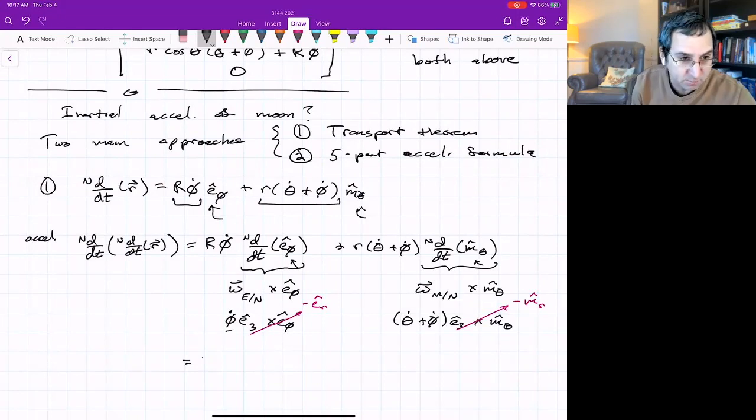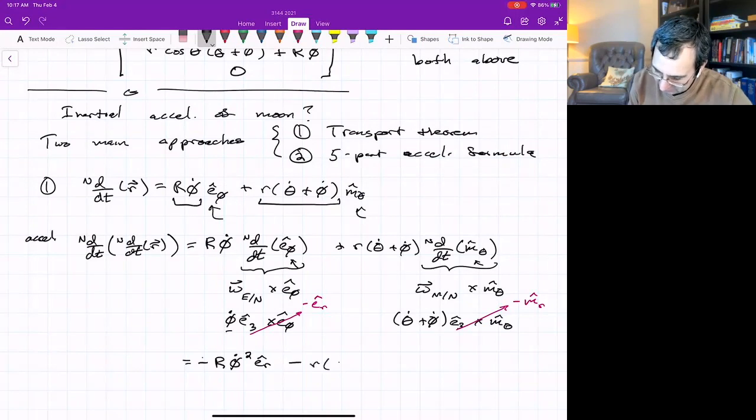So collecting everything, this is negative R phi dot squared in the ER direction, negative R theta dot plus phi dot squared in the MR direction.